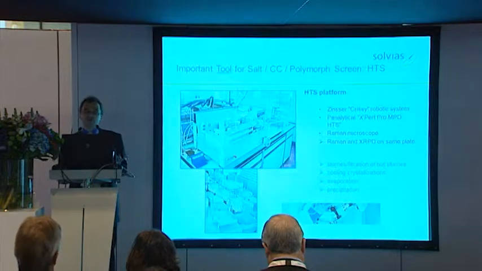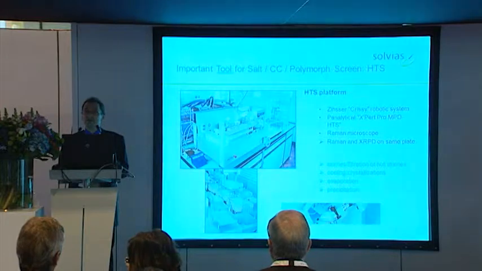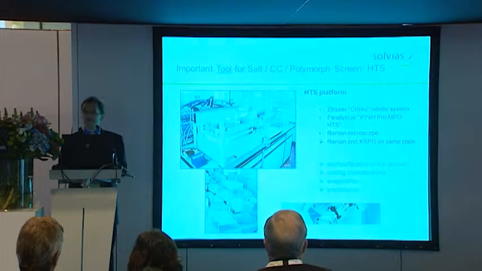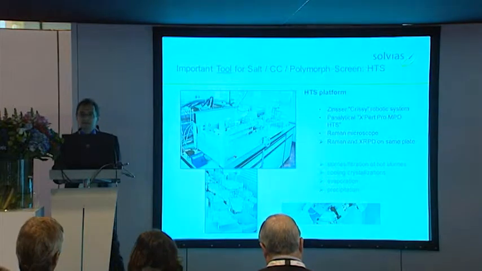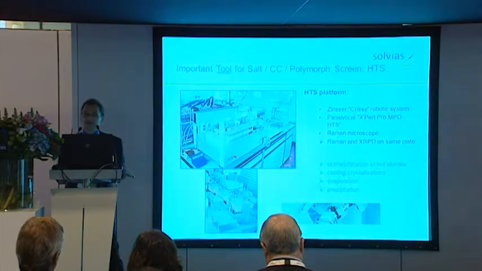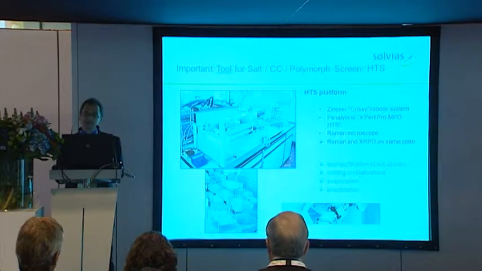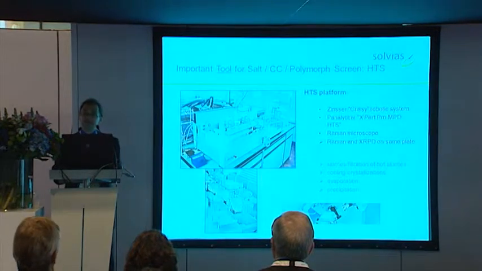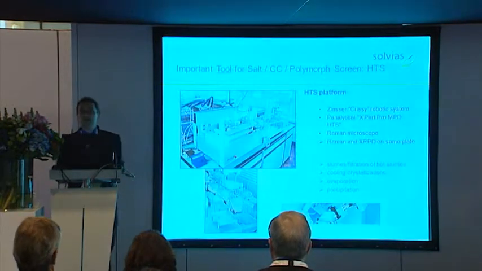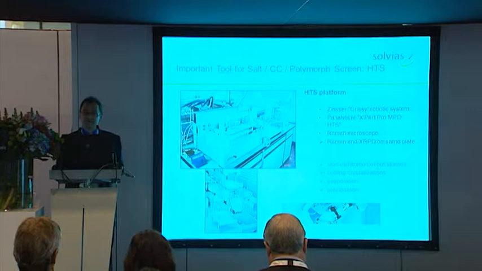And a very good tool for polymorphism screening, and I want to emphasize it's only one tool, would be robotic high-throughput screening. We recently acquired such a Chrissy robot from Zinsser, and we acquired that because Zinsser was happy to make a lot of modifications in that screening apparatus according to the best practices we had developed over the years previously.